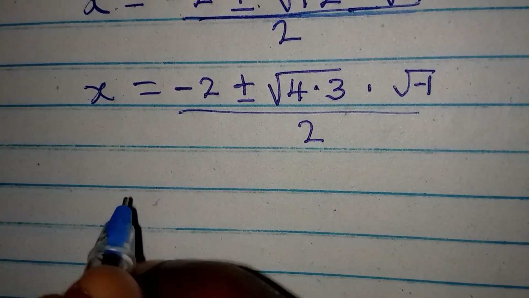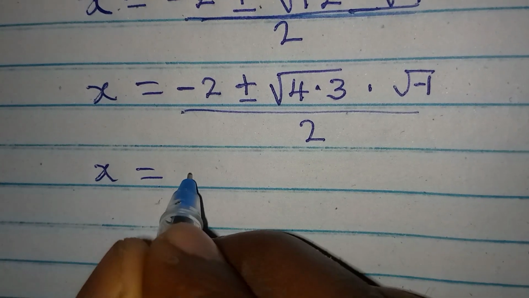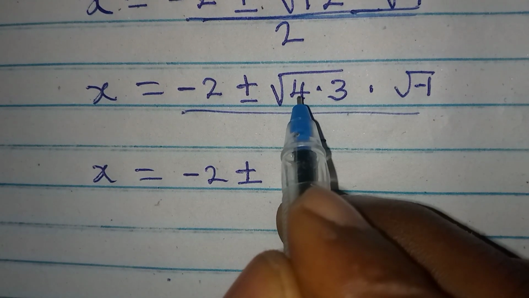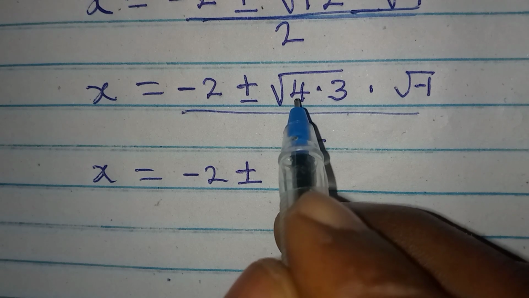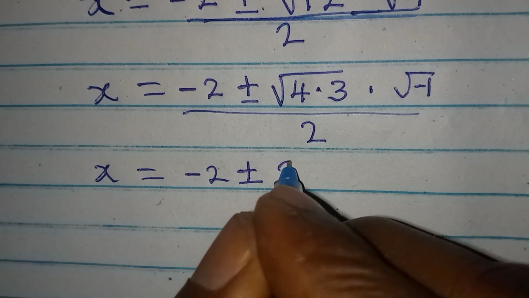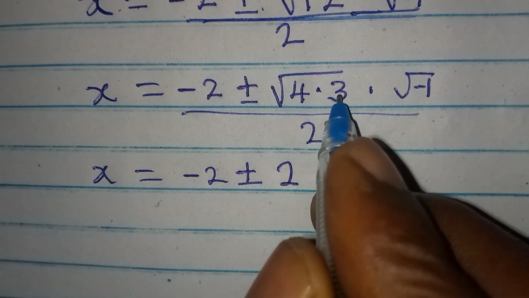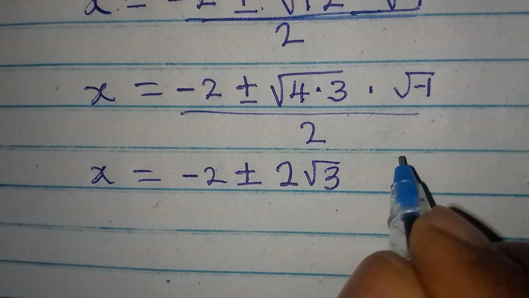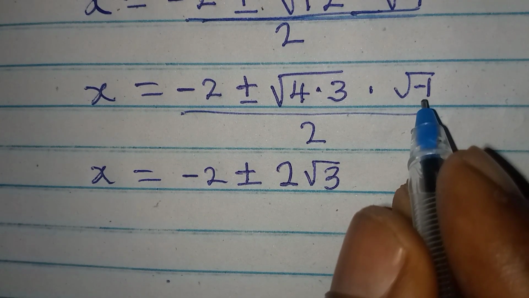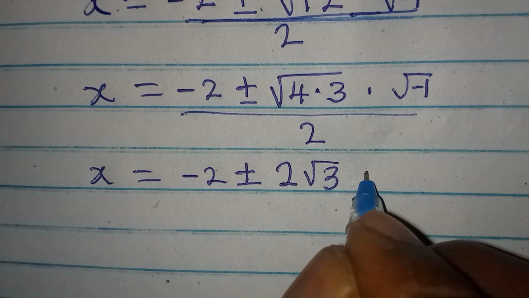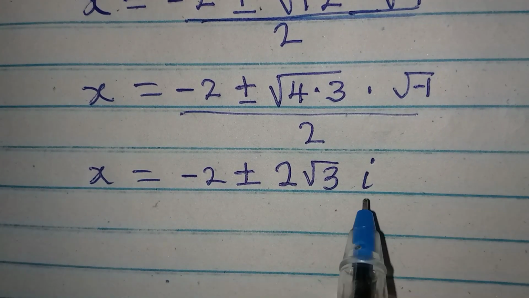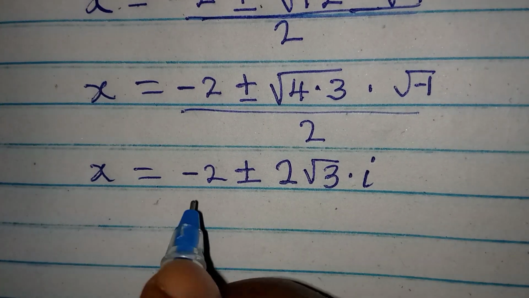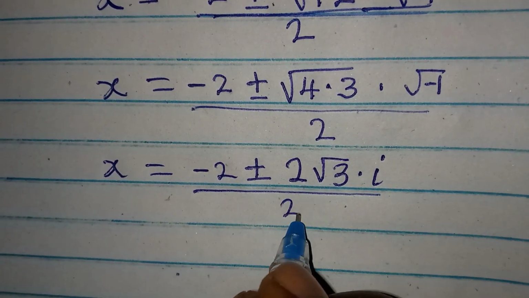To continue, x will be equal to minus 2 plus or minus, we have square root of 4 there, that will be 2, then root 3. And then square root of negative 1 will give us i. But remember that this is not under the square root sign, so let me put times here. All of this will be over 2.